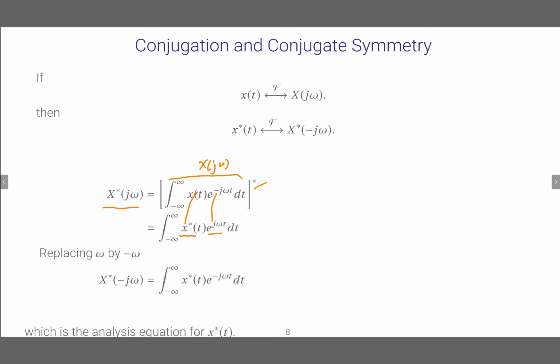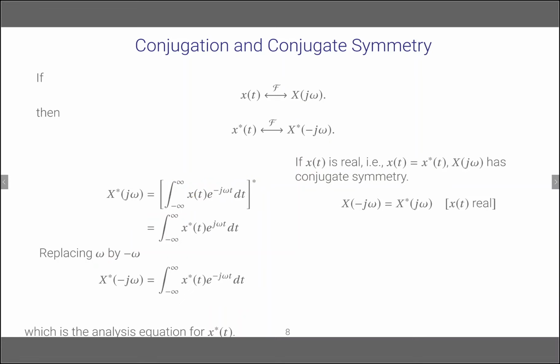Now we replace omega by minus omega, and then we realize that this is the analysis equation of x star t, which is actually the complex conjugate of x t. So there you go, the answer.